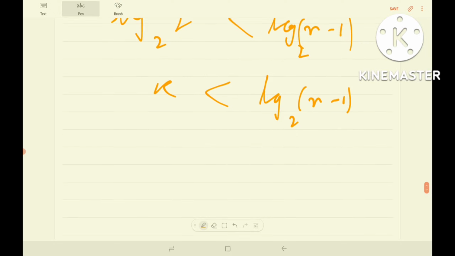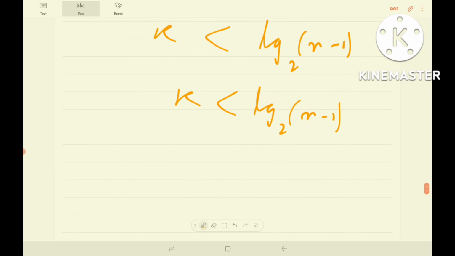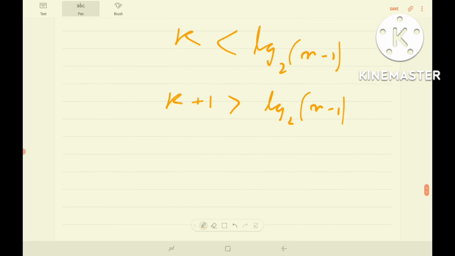Yeah. So k plus 1 is our answer, right? Since k is just less than log 2 of n minus 1, k plus 1 should be just greater than log 2 of n minus 1. Graphically, what that means is like 1, 2, all the numbers. General.